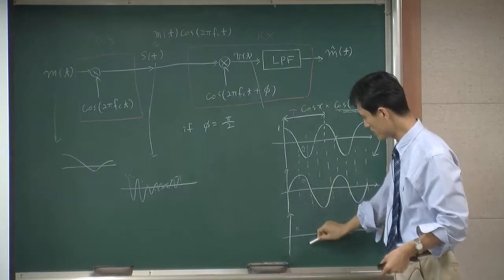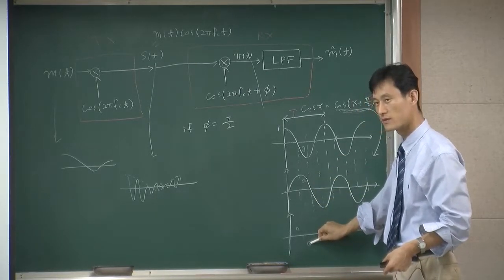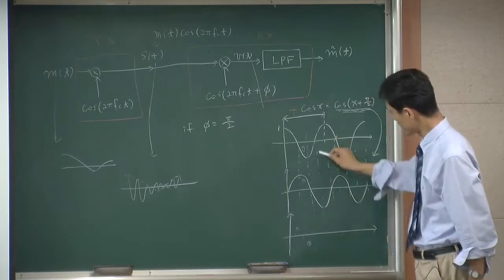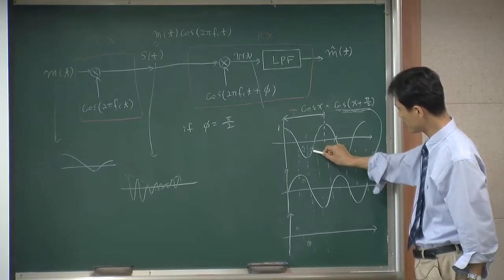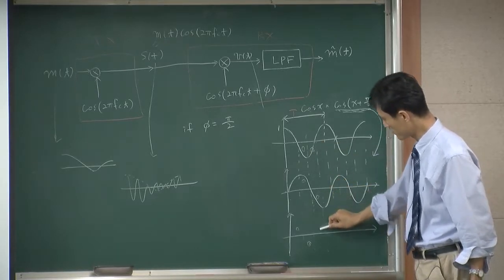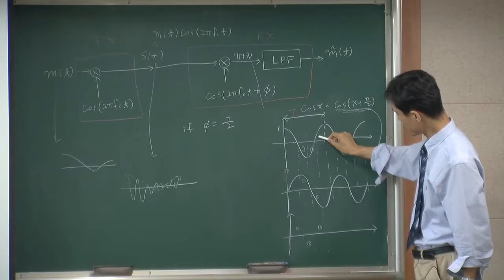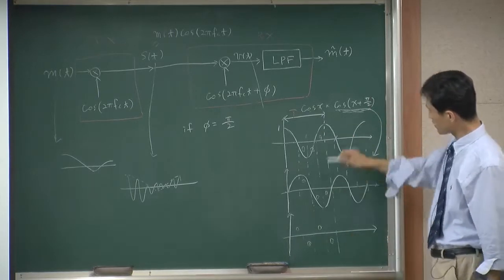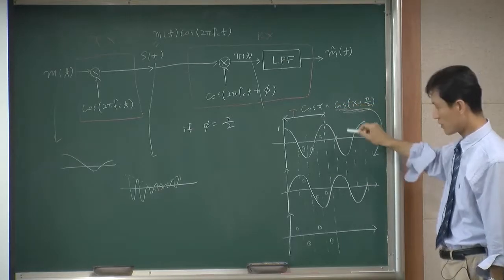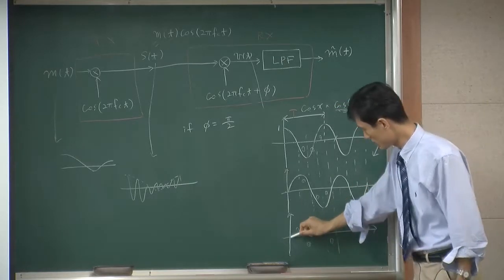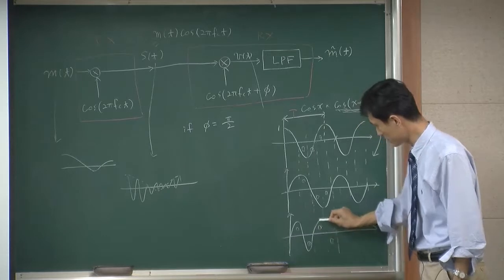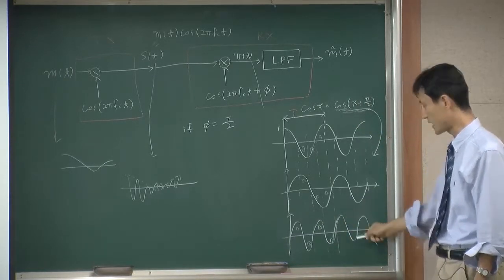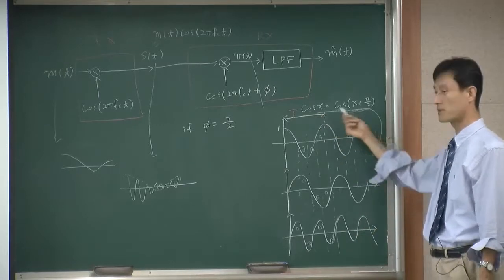So right here we get a negative value. Next quadrant, you have negative, negative, so it's positive. Here, positive, negative, so negative. So eventually, when you multiply these two, what you are going to get is positive, negative, positive, negative, positive, negative, something like this. That's eventually what you get after you multiply these two.